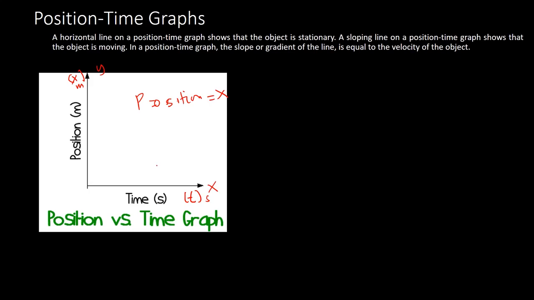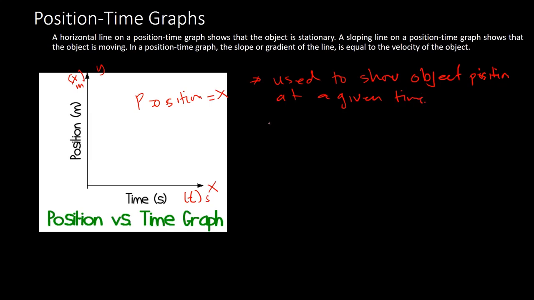Basically, the position time graph is used to show an object's position at a given time. As I said a while ago, if we want to plot our position, it will be placed on the y-axis.